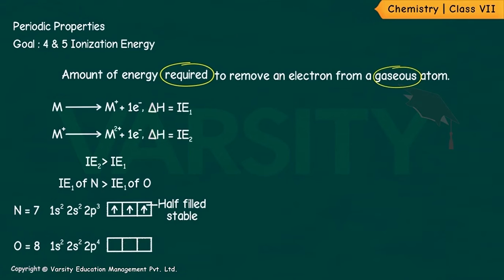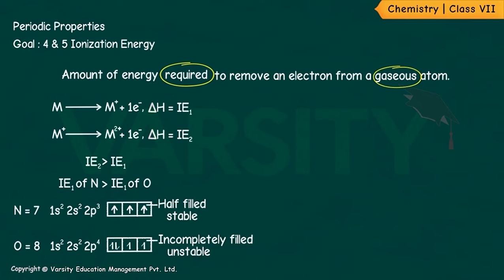When we go to the second ionization energy, that of oxygen is greater than that of nitrogen. Why? Because here already one electron is removed from nitrogen. So it will be N+, which is 7 minus 1, which is equal to 6. That is 1s2, 2s2, 2p2.